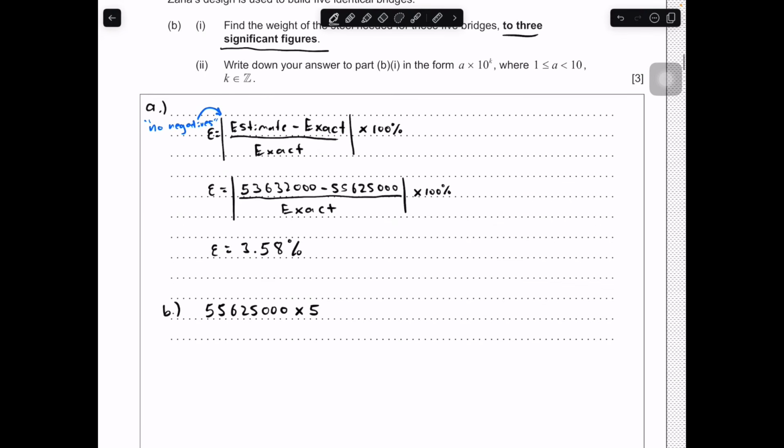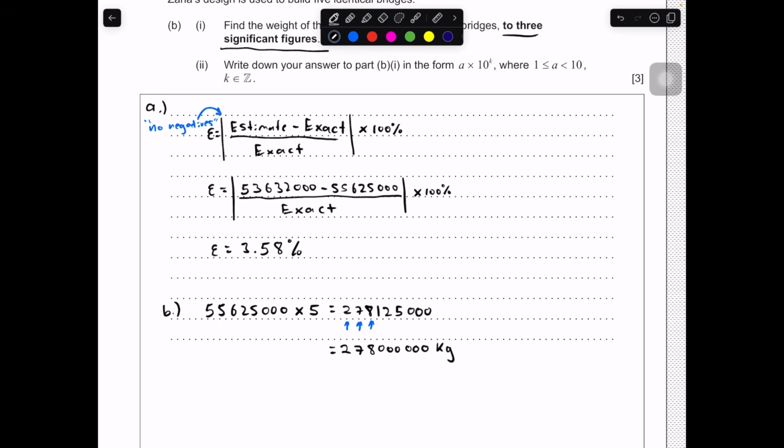This is going to equal 278,125,000. And to 3 significant figures, we're only going to want to have 3 meaningful digits. And so in that case, it's just going to be these first 3. So we'll have 278 million, and then I guess we could put kilograms.